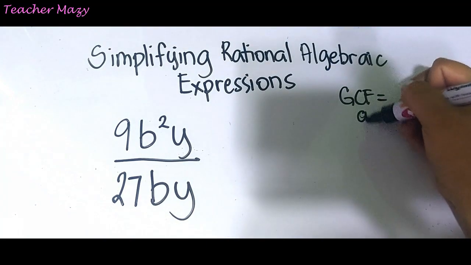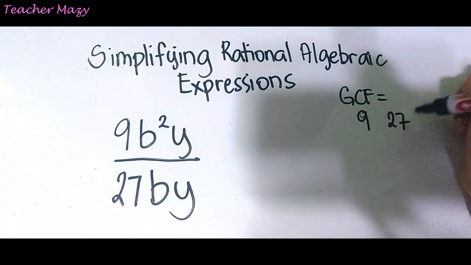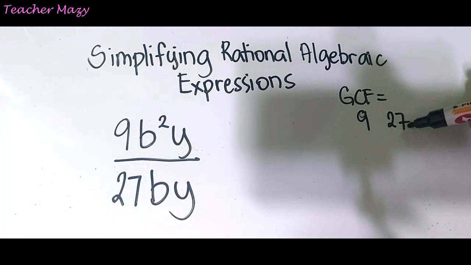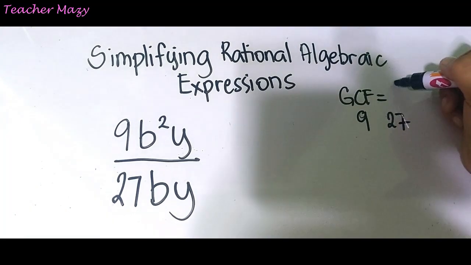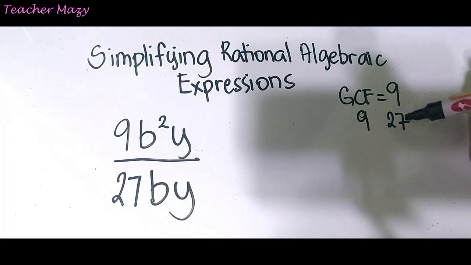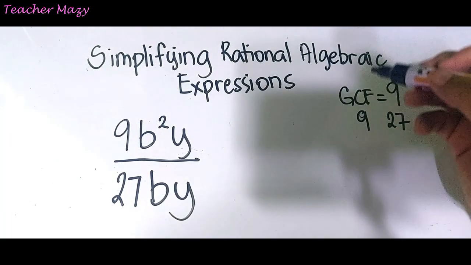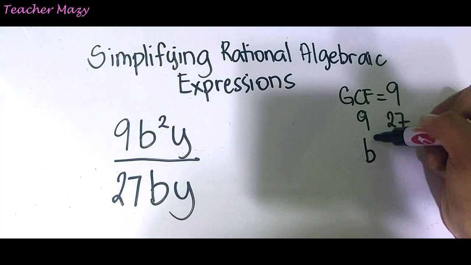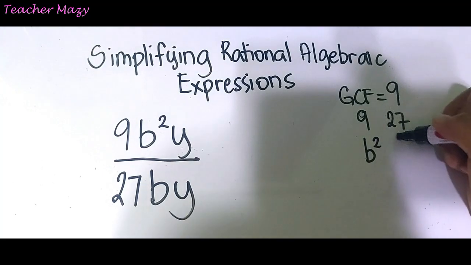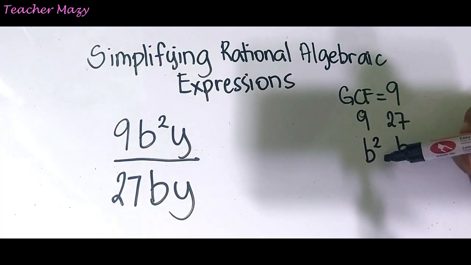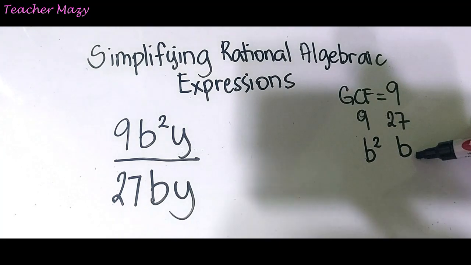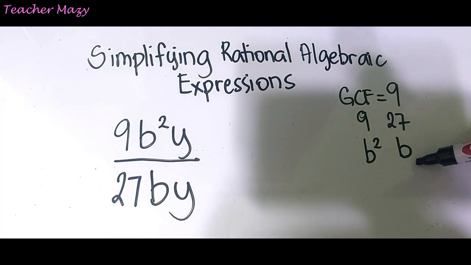Both of these numbers can be divided by 9. So that means our GCF here is 9. And then next is for our first variable, which is b. We have b squared and then b.